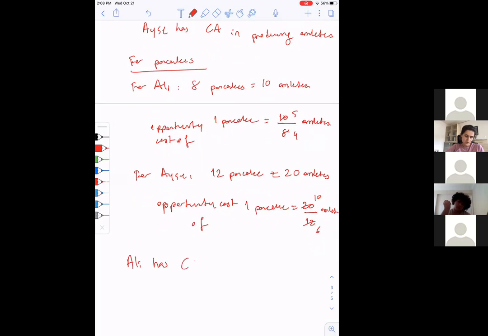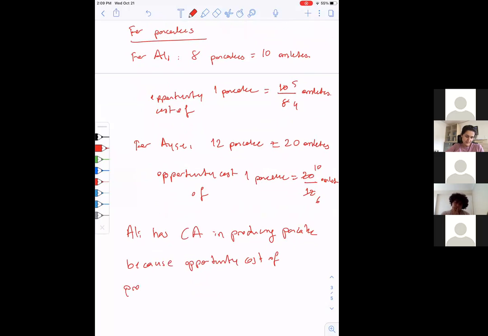Ali has comparative advantage in producing pancake because opportunity cost of producing pancake is lower for Ali.